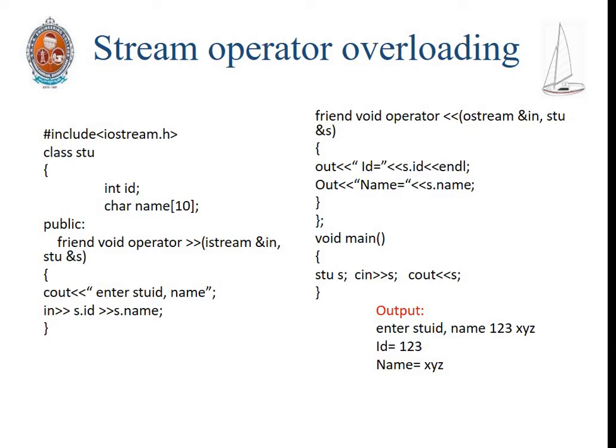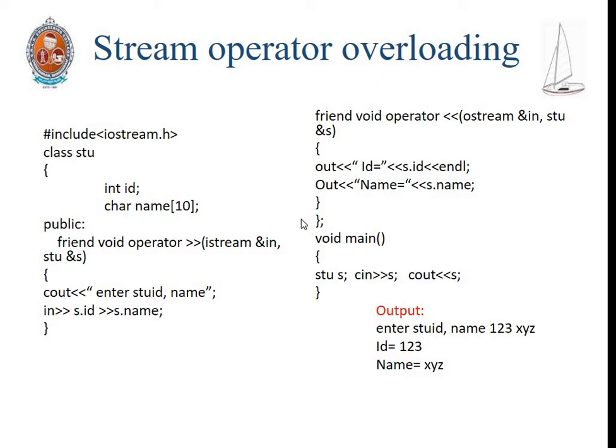In the same way, greater than, we use this symbol with cin, and cin is also a predefined object. That is, cout is a predefined object of class ostream, whereas cin is a predefined object of class istream, and the combination is iostream.